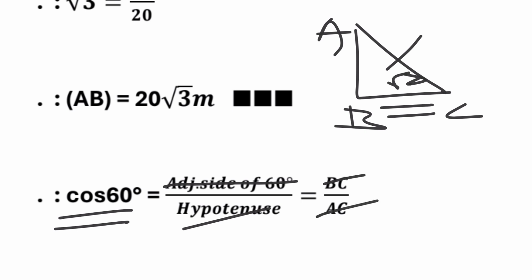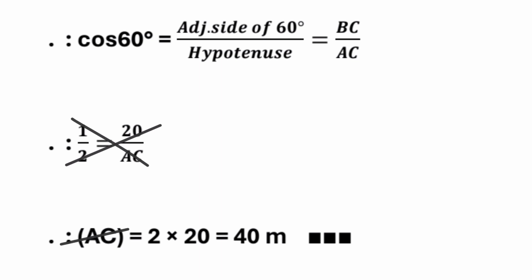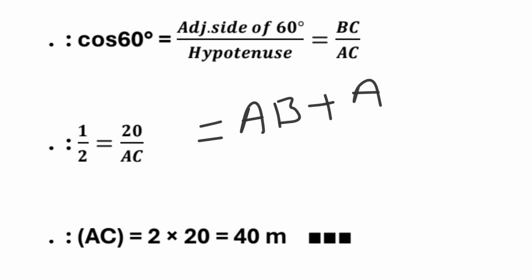Now from table cos 60 is equal to 1 upon 2, and value of BC 20 and AC as it is. Then cross multiplication, that is AC is equal to 2 into 20 is equal to 40 meter. Therefore, now we will find out total height of the tree is equal to AB plus AC.